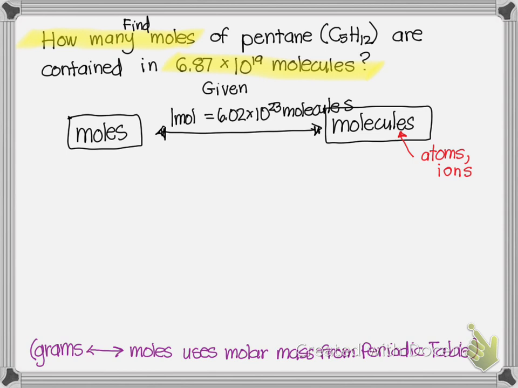So in this problem, we're not going to worry about that it's pentane because it's just going from molecules and moles. Let's look at how the units work that way. So 6.87 times 10 to the 19th molecules is what's given.